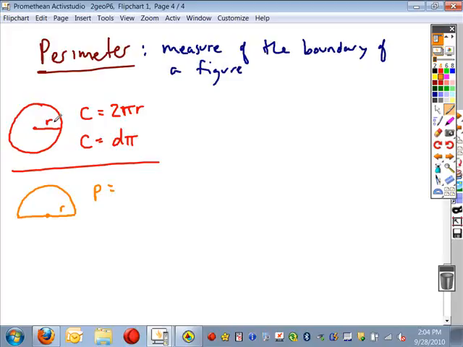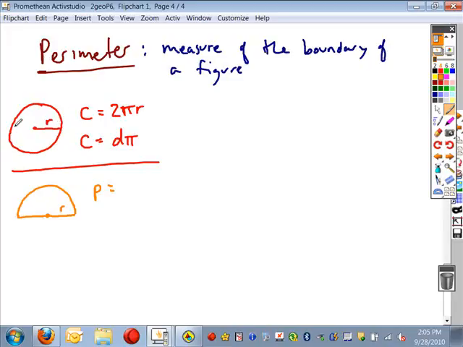And so think about what we have here. If we took a semicircle on this circle, a semicircle is half of the circumference plus what? Plus the diameter.